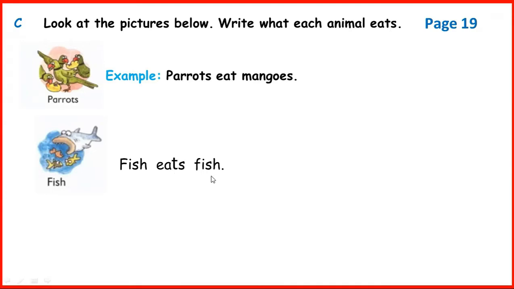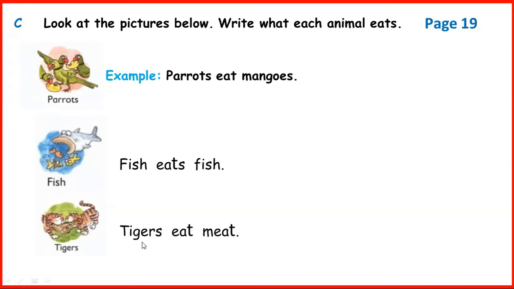Now look at the next picture. They are tigers, and you know tigers eat meat. Yes, so we write here tigers eat meat. Read the sentence. Tigers eat meat.